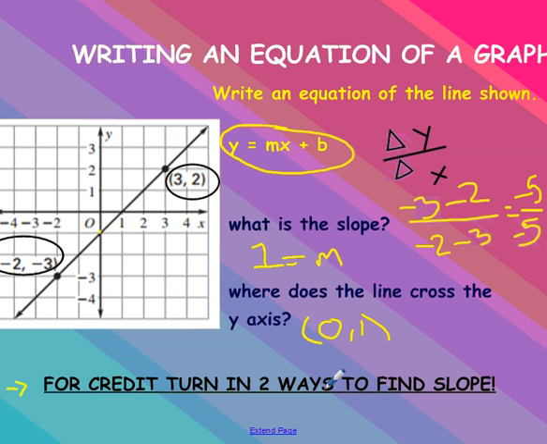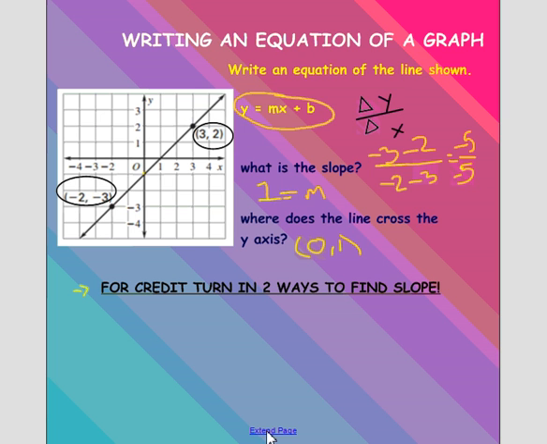So I can now write an equation pretty easily knowing this information. Let me extend my page a little bit. Okay. So now I can say y equals my slope of 1, x plus my y-intercept, which is, oh, look at that. I put 1 and it should have been -1.